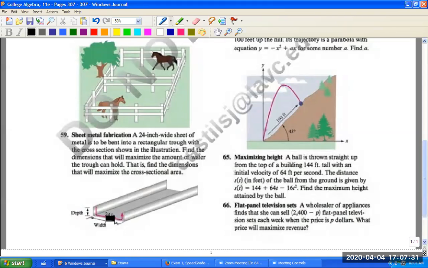I want to maximize the amount of water, so I want to maximize the volume. Well, the length is fixed, and so to maximize the volume, I just want to find the dimensions that will maximize this cross-sectional area.